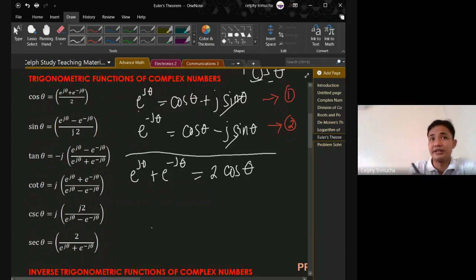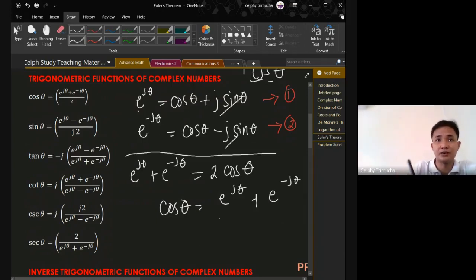So we derive the equation for cosine: cosine theta is equal to e raised to j theta plus e raised to negative j theta, all over 2.